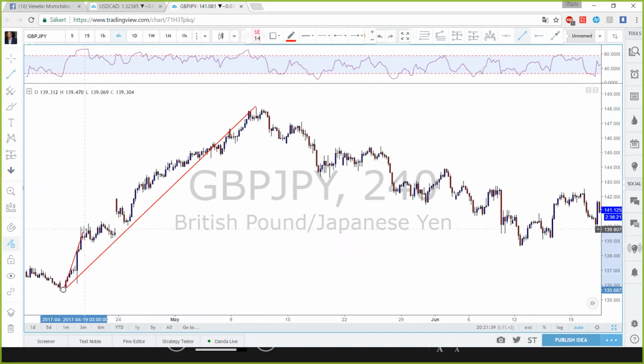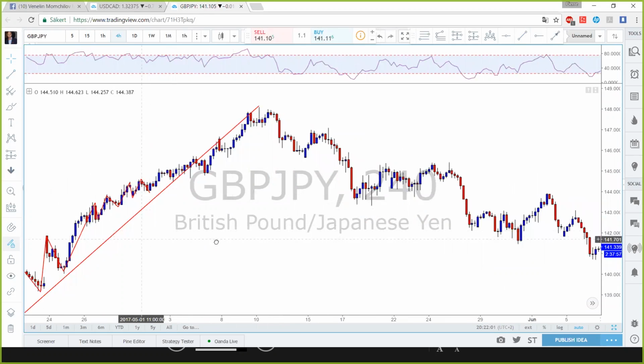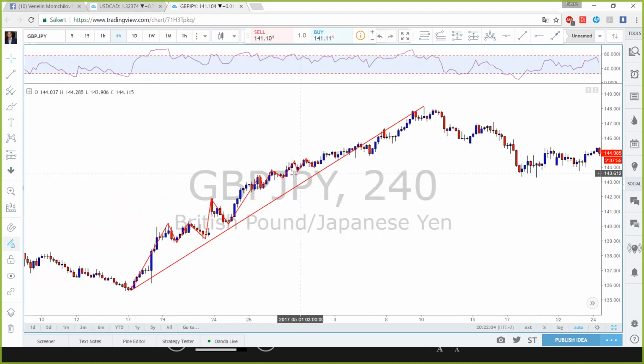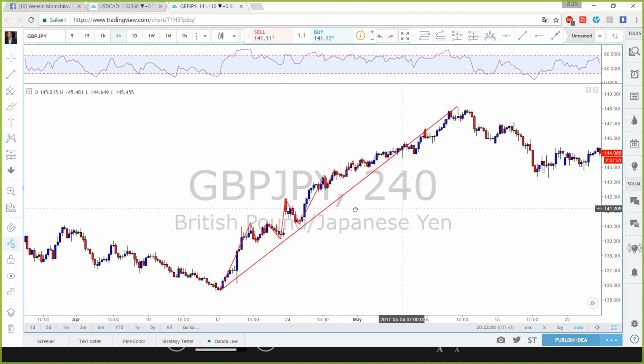The pullbacks were not so big. It is a somewhat hard market to trade because you have to make your buys without deep pullbacks. You see, when I make those higher highs and higher lows, they are very, very, very shallow pullbacks, yeah?